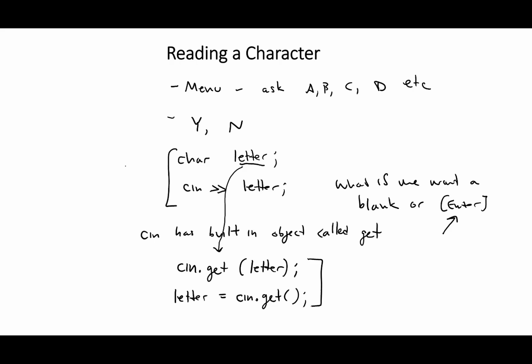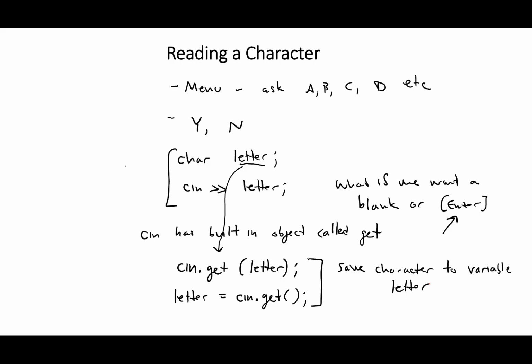They're both going to store whatever the user inputs to letter. And this can save a space or a new line in this variable. So we'll do this if we want to save a character to the variable letter.